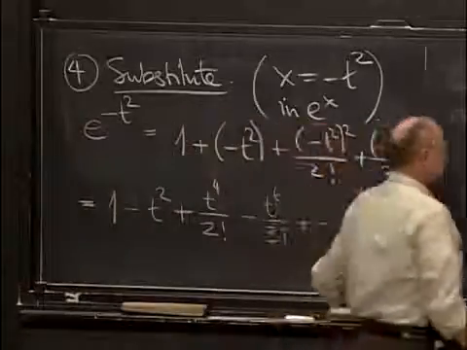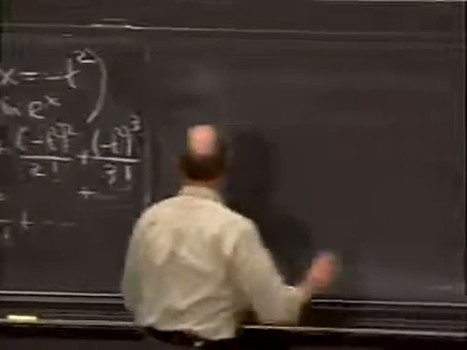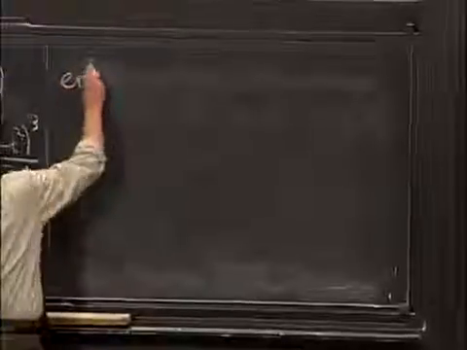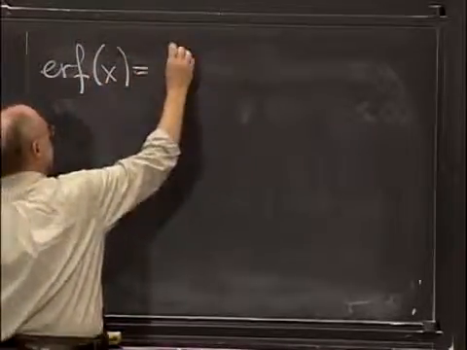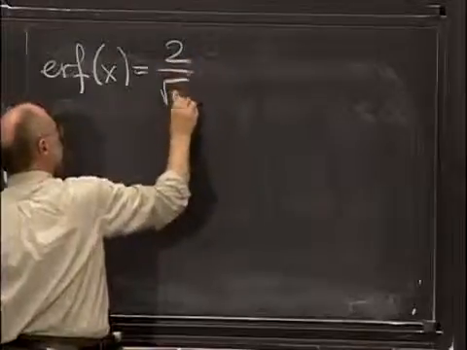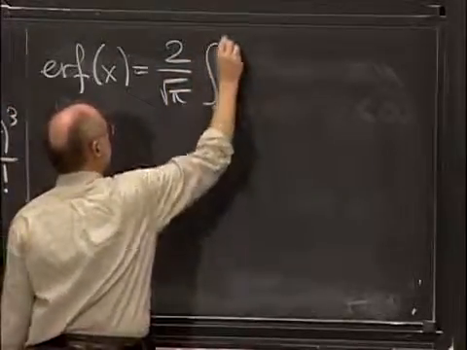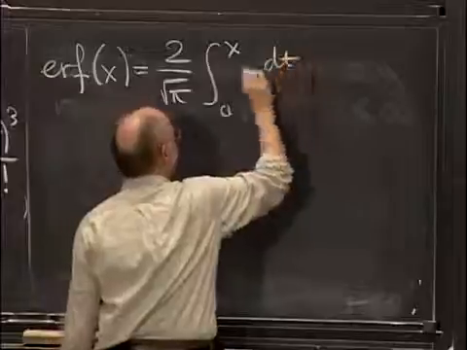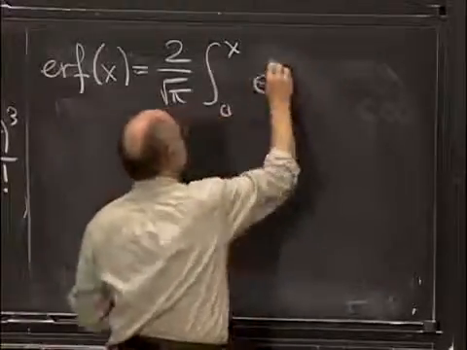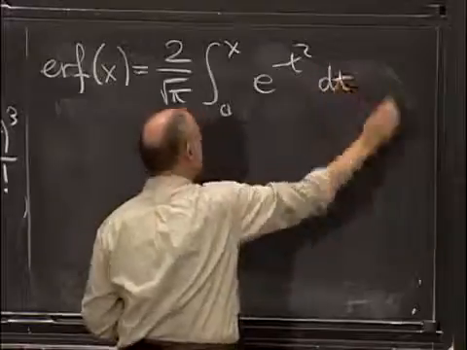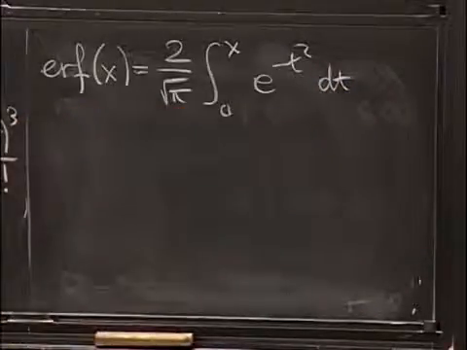Several times as this course has gone on, the error function has made an appearance. The error function was, I guess it gets normalized by putting a 2 over the square root of pi in front. And it's the integral of e to the minus t squared dt from 0 to x.